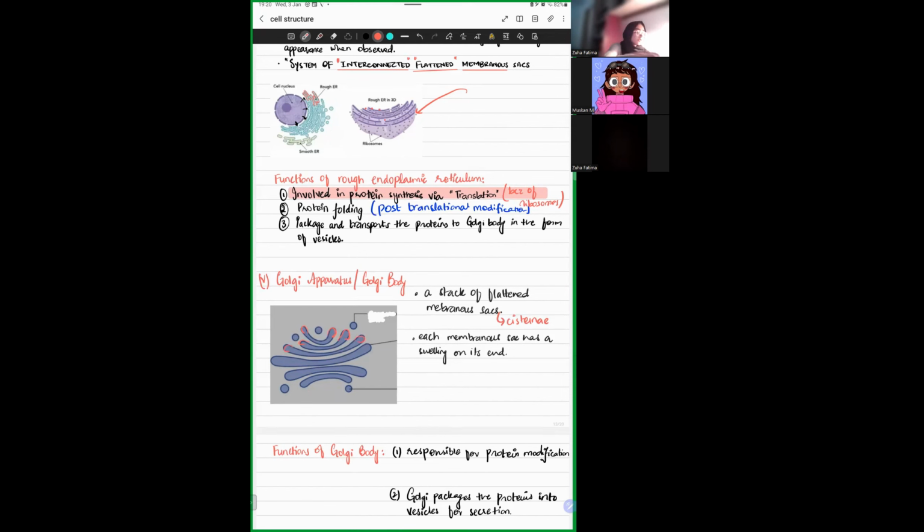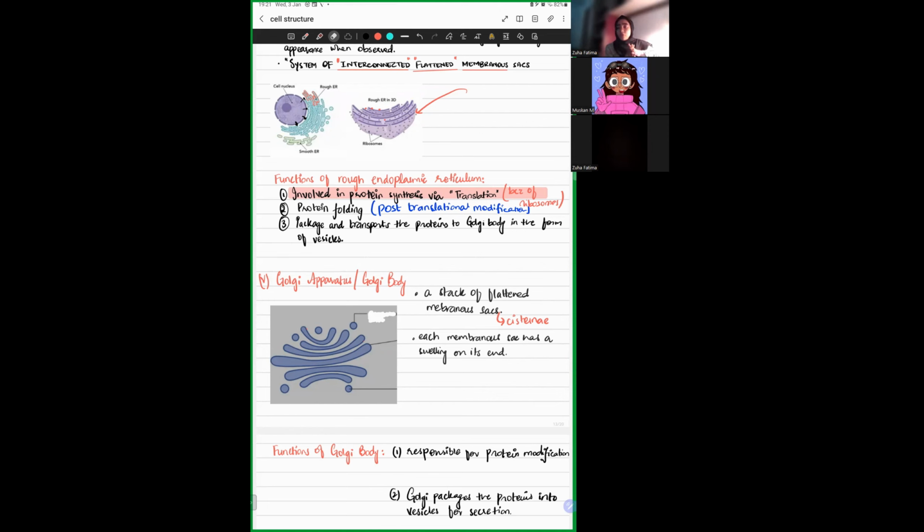So any question? Also, Golgi does not have ribosomes on its surface. Ribosomes are only present or attached on the surface of only one cell organelle, which is the rough endoplasmic reticulum. So the differences between RER and Golgi apparatus are two. One of them is structural, because the functions of the two are very different from one another.